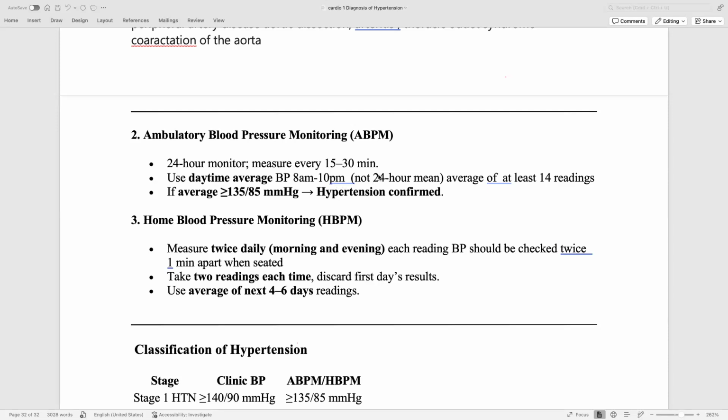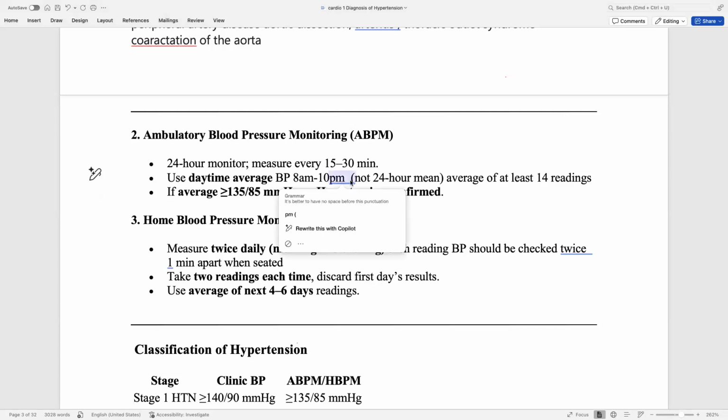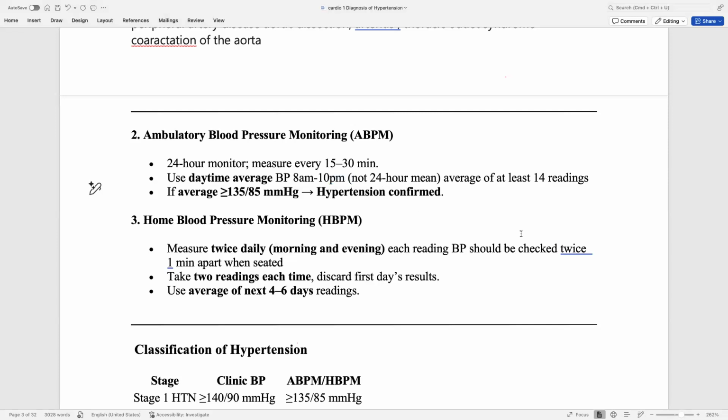Okay? It is not 24 hours. The device will be attached for 24 hours, but we will not take the whole readings. We will use only these readings for diagnosing. The other readings will be just information for us to know. Okay?